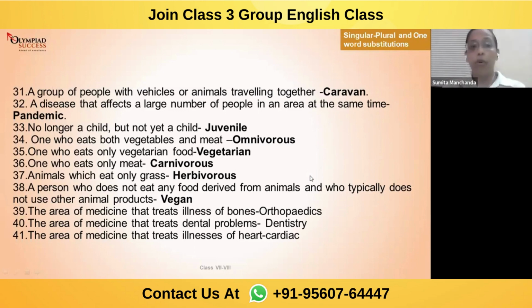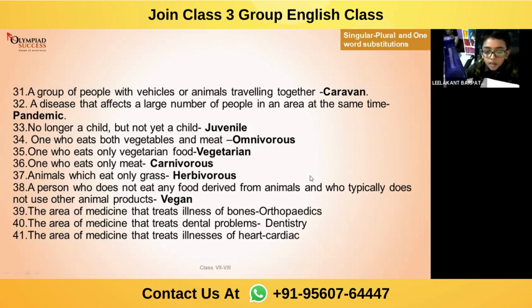They don't use any product made of animal products. Animal products means, many times leather is used. Many animal skins are used to make many things. So vegans are those people who are very strict about eating animals or using products made of animals. Okay, Leela Khan? Yeah? Okay. Yeah, Shivan?